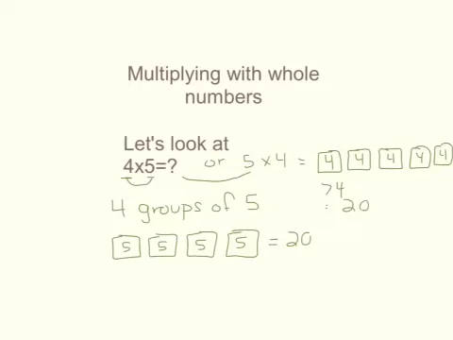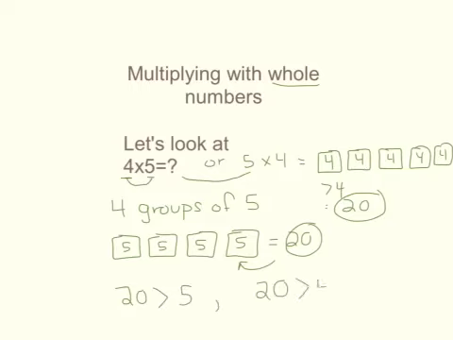So when you multiply whole numbers that are greater than 1, my product will be larger than my two factors. 20 is greater than 5, and also 20 is greater than 4.